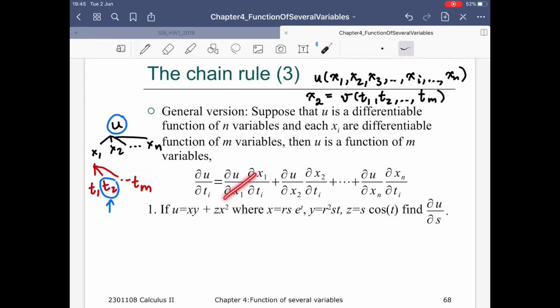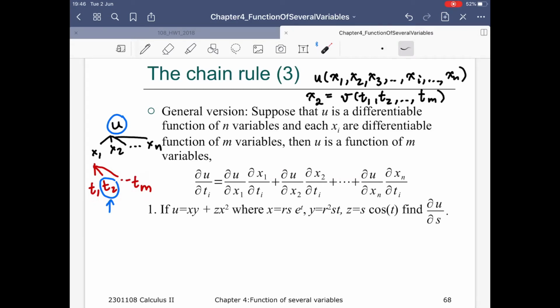So for each term, if you pretend to do a cancellation, what's left over is the term on your left-hand side, and the plus sign here is a combination of each of the contributions. It's not really the addition.